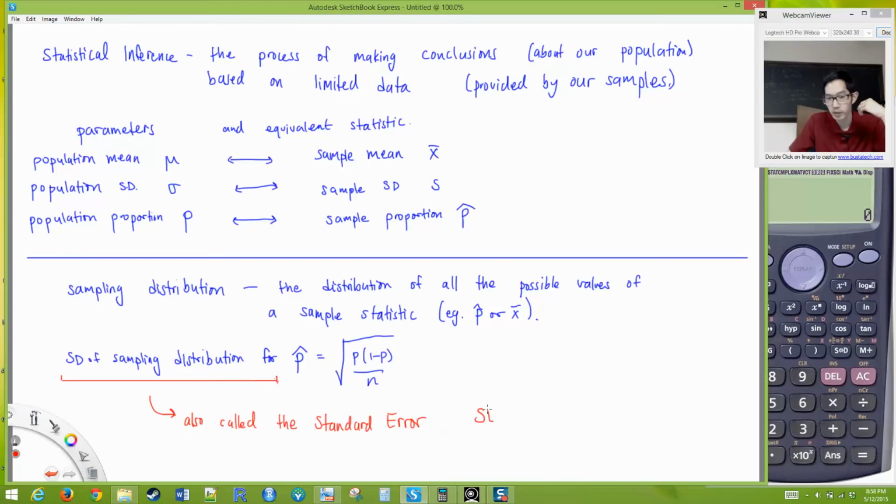You will see this quite often. So instead of saying standard deviation of the sampling distribution for p hat, we might just say SE of p hat is equal to the square root of p times 1 minus p over n. This is definitely shorter to write, but they're talking about the exact same thing.